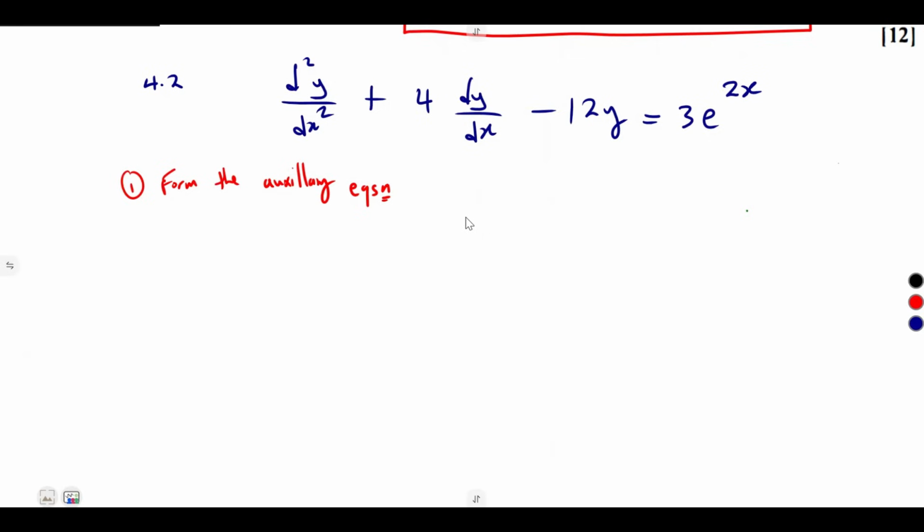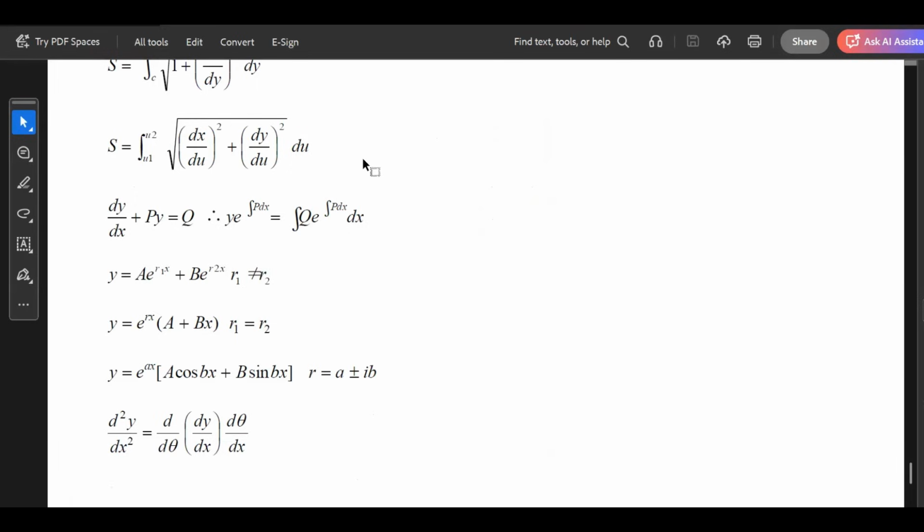How do we find this? We are going to form it by letting some of these parts of our derivatives and also the part of y be something. So the dy/dx, we are going to let that be equal to r. Some use the letter m, some r, so you can use the one that you want. In this case, I'm just going to use r, as it is the one you're also related to from your formula sheet.